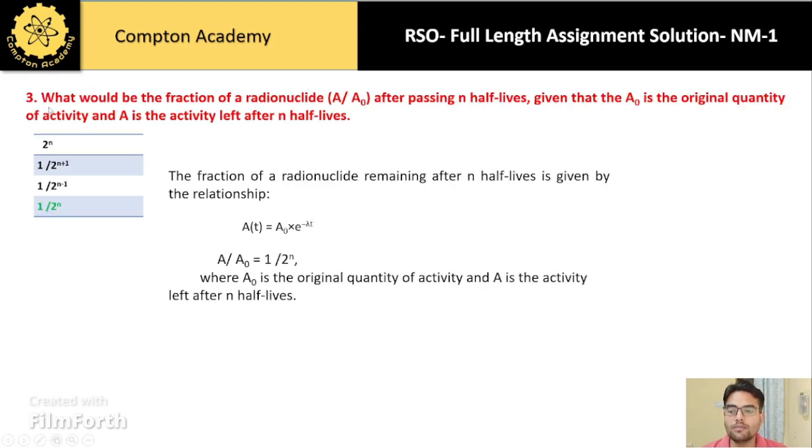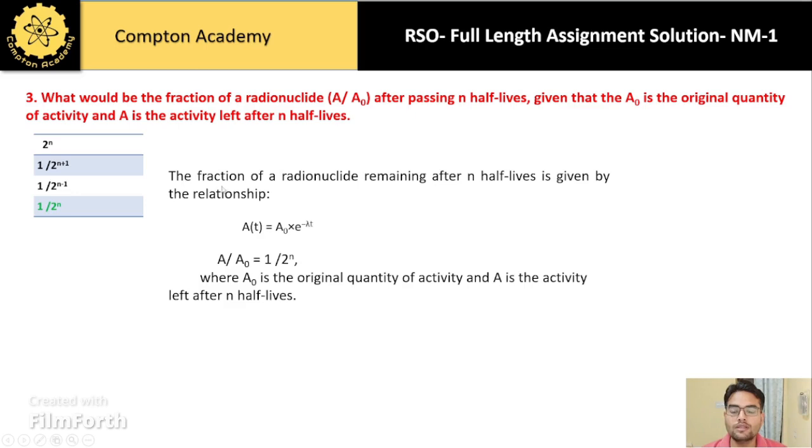Now question number 3: what would be the fraction of radionuclide A upon A naught after passing n number of half-lives, given that A naught is the original quantity of activity and A is the activity left after n half-lives.